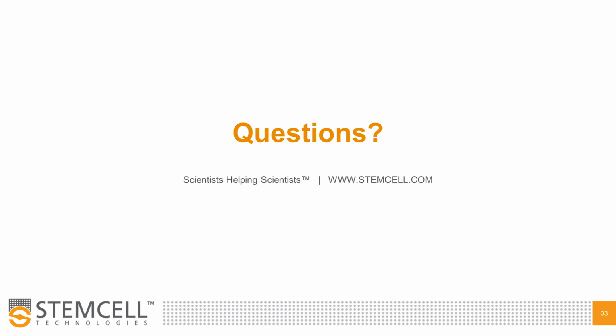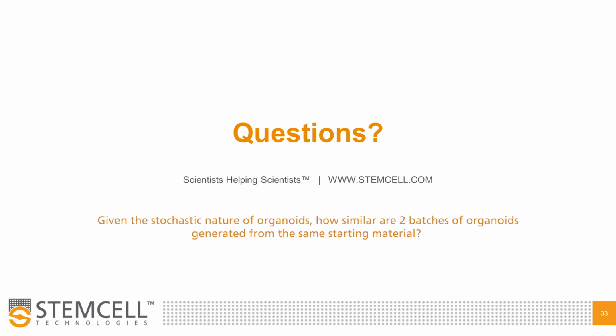So we talk about organoids as being kind of heterogeneous collections of cells that grow up from a stem cell source. Given the stochastic nature of them, how reproducible is organoid generation from the same source? So how similar are two batches of organoids generated from the same starting material?